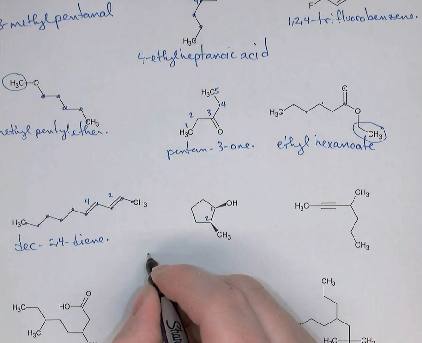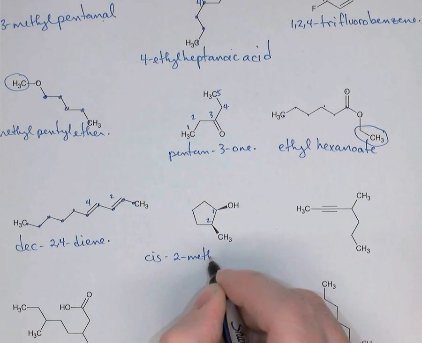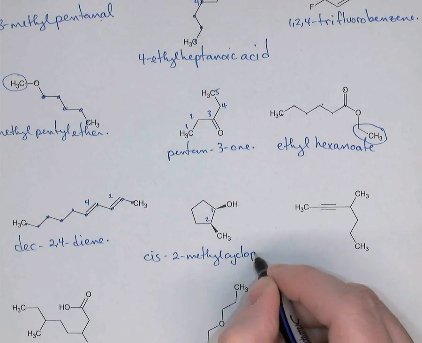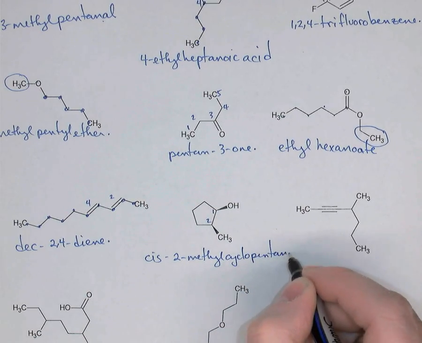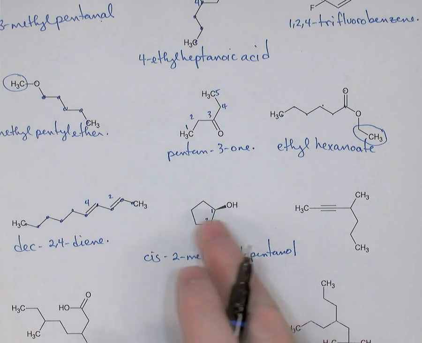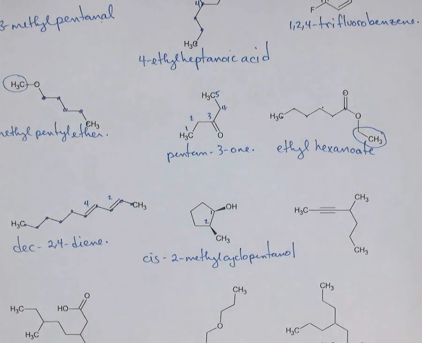So this would be cis-2-methylcyclopentanol. Cis because the 2 branches are on the same side of the ring, and cyclopentanol because the 5 carbons formed a ring, cyclopentane.